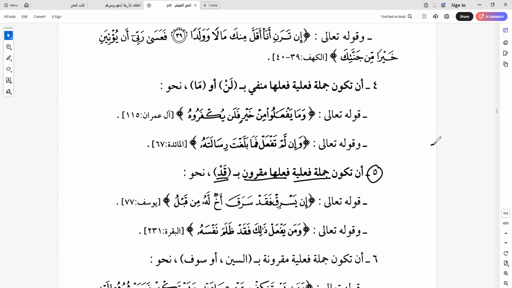So you have to say faqad, right? Faqad. If it is manfi, you have to say falan or fama. And what fa is this? It is fa al-jawab. It's not fa al-atf. It doesn't mean end, right?